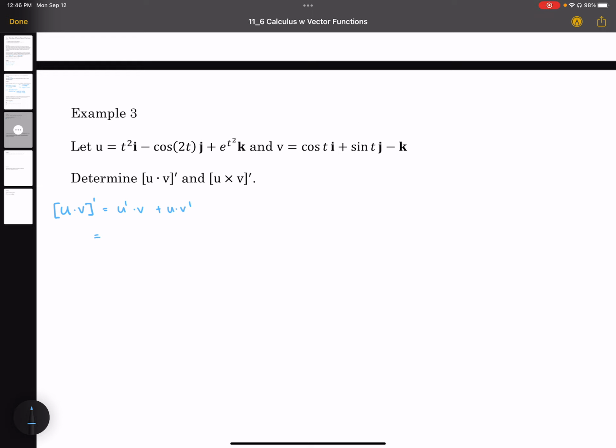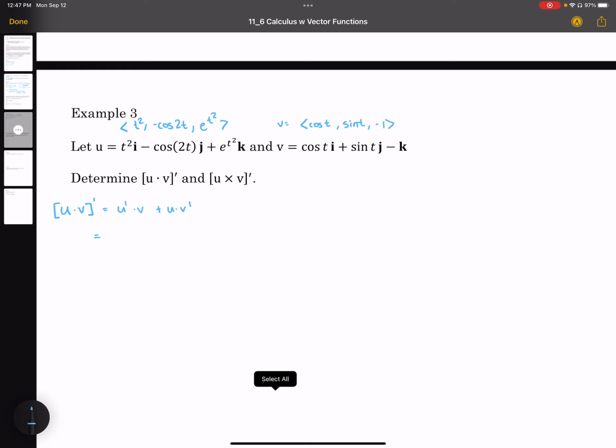So let's see. Well, u is, if we want to write this in component form, t squared, negative cosine 2t, and e to the t squared. And v is going to equal cosine t, sine t, and negative 1.